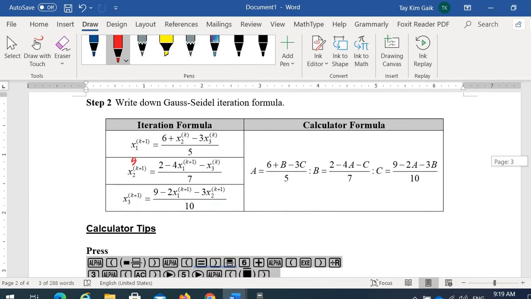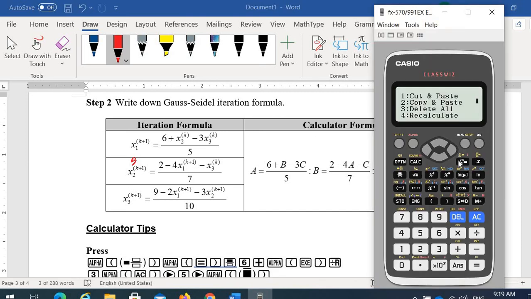If you use the calculate menu, we input the equation base simultaneously. So x1 is stored in A, x2 at step k is B, x3 at step k is C. This column, the red color column, stands for calculate simultaneously.